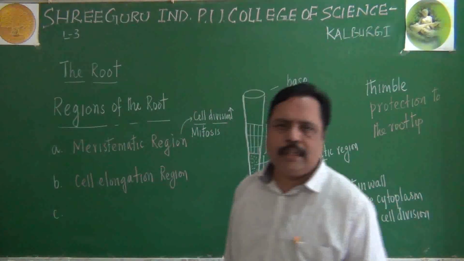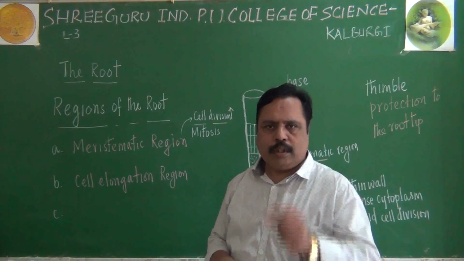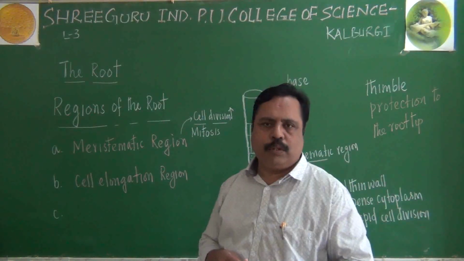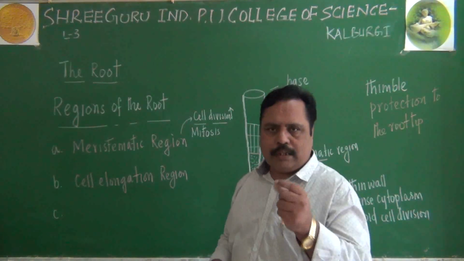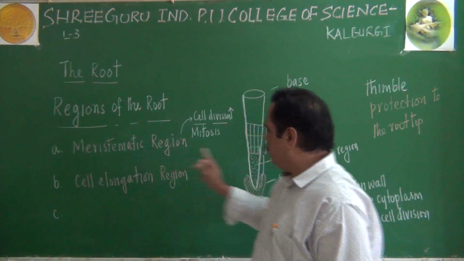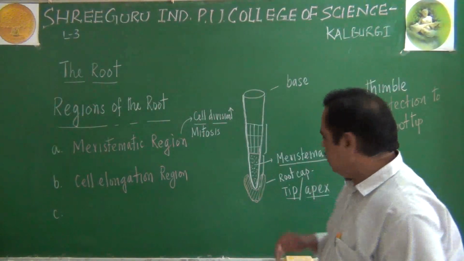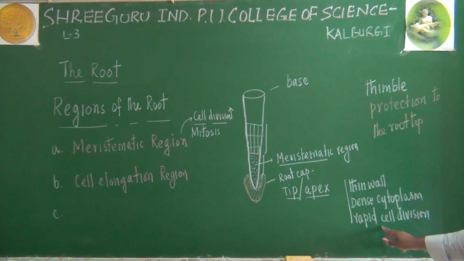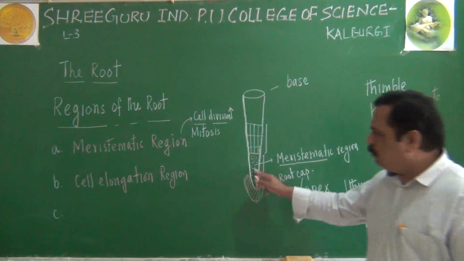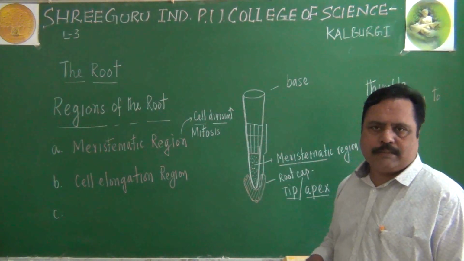What I am talking about here is the regions of the root. If you take a typical taproot, you can come across three regions. At the tip, what region is present? Meristematic tissue. What is the speciality of meristematic cells? They are thin-walled, they have dense cytoplasm, and they undergo rapid cell division. They produce more and more cells by means of mitosis.